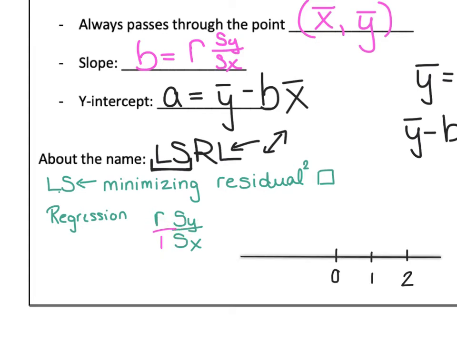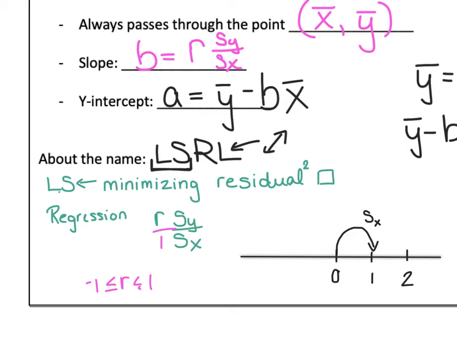So looking at the number line, think of it like this. If I go up 1 standard deviation in x, how much is it going up in standard deviations of y? Well, r, remember, is a value between -1 and +1. Very rarely is it ever equal to 1. It's usually much smaller unless it's exactly a linear relationship. A high correlation is 0.8, 0.9, very high. But it's, again, smaller than 1.